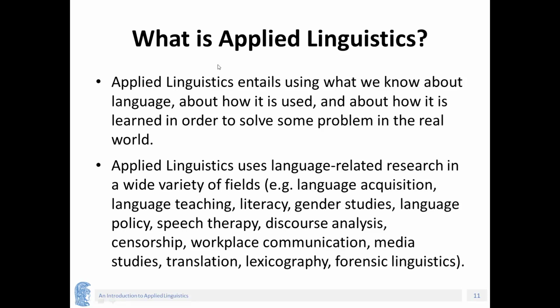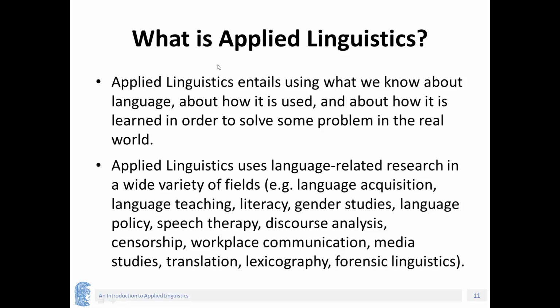Applied linguistics uses language related research in a wide variety of fields. I don't know whether you are doing research at the end of your B.Ed program. When we pay attention to the research done by most students all over the world, most of these researchers are related to the field of applied linguistics.